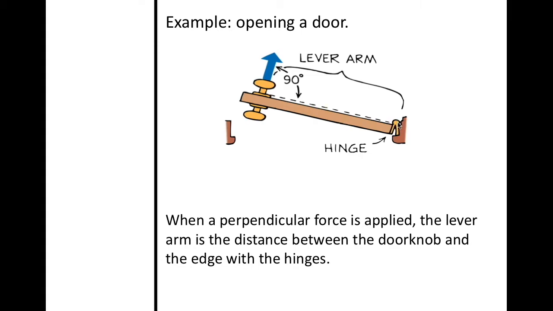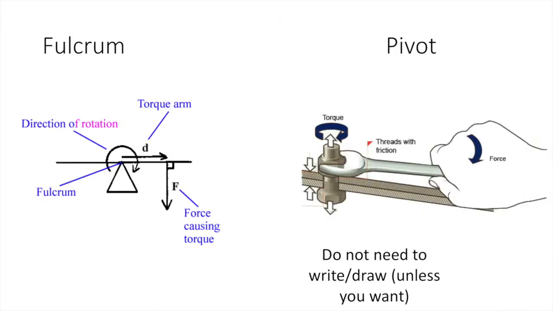So when you apply a force, with the force being furthest away, so here's your lever arm, the further away that your doorknob is and your push is perpendicular, then you are going to be able to easily open the door and cause the rotation to occur here at the hinge. If you were to have this doorknob closer to the hinge, it would require more force to do the same work that you would need if you just put the doorknob and the push here.